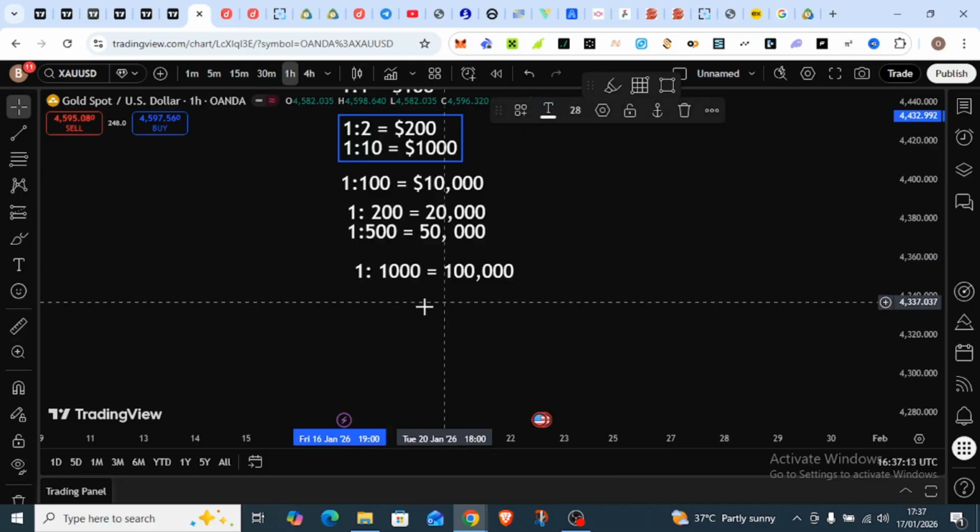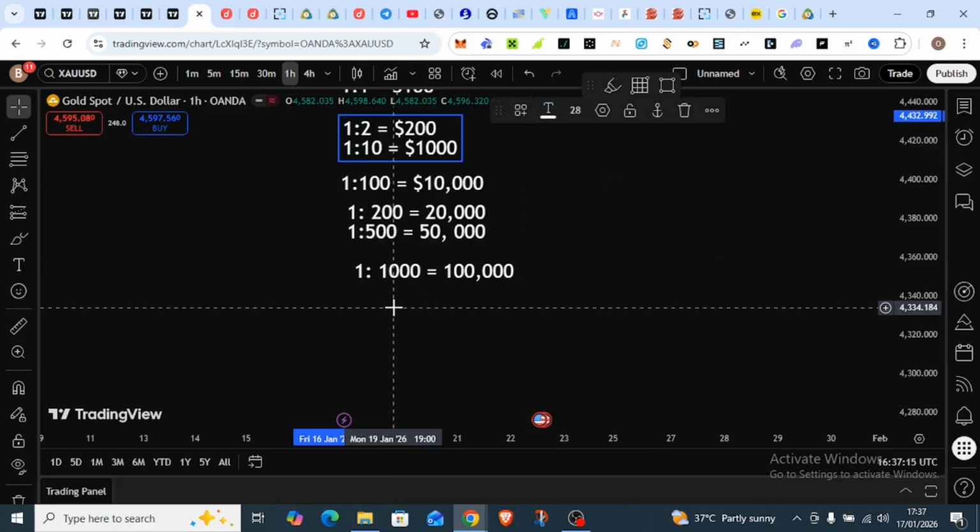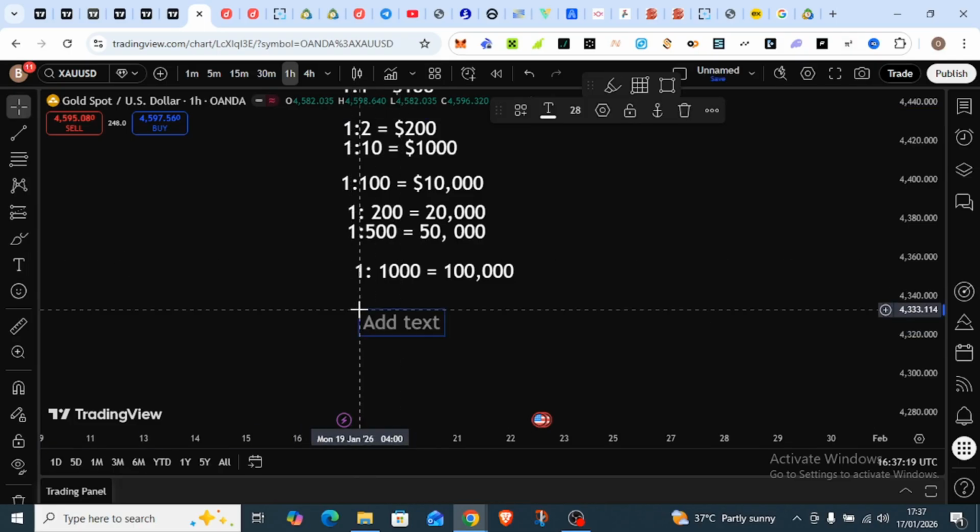So let's try another one, like 1:2,000. Before we move to the next thing, 1:2,000. The maximum units you can buy is just to multiply the 2,000 by 100, which is your account size. You have 200,000 units.